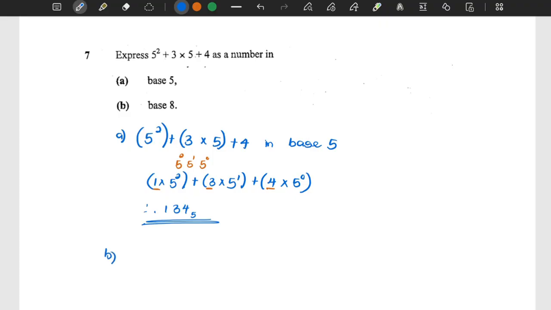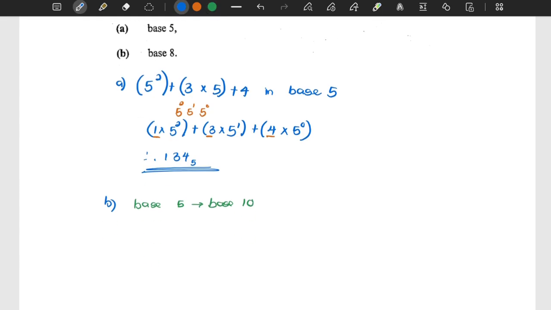Part B says, now we have to put the number in base 8. So to put it in base 8, we go from base 5 to base 10 first. So expanding that, we have 5 squared plus 3 times 5 plus 4, right?